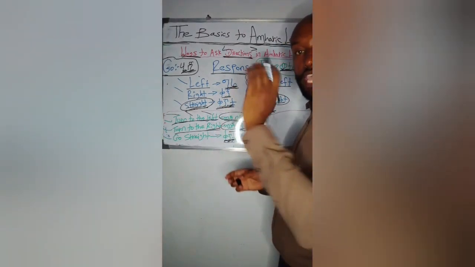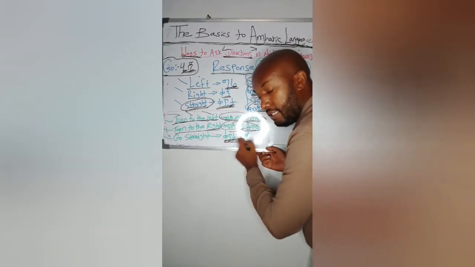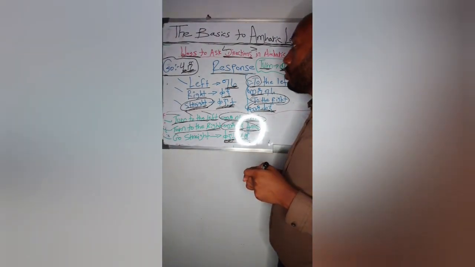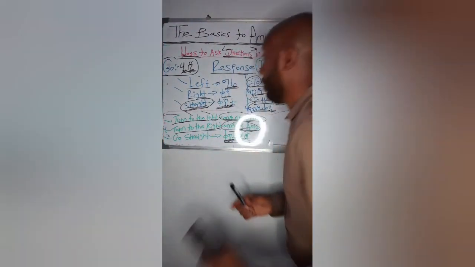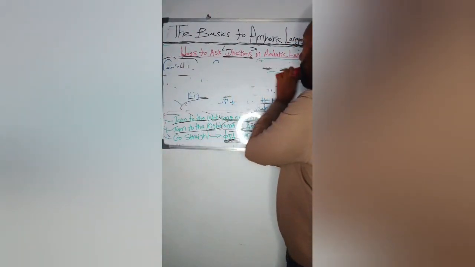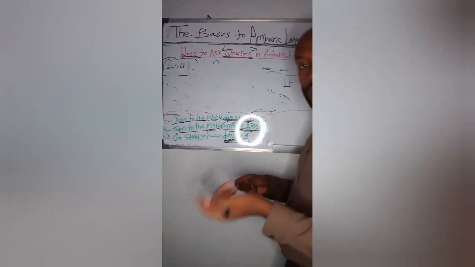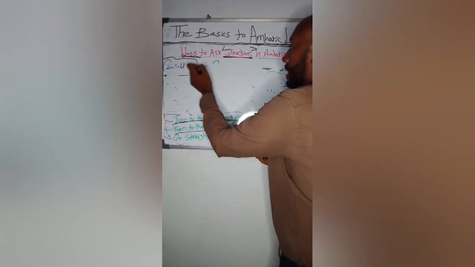Go means ሂድ, ቀጥታ means straight. So go straight ቀጥታ ሂድ. These are the responses we can answer to a question. And after the responses, then we'll thank that person by saying, thank you.